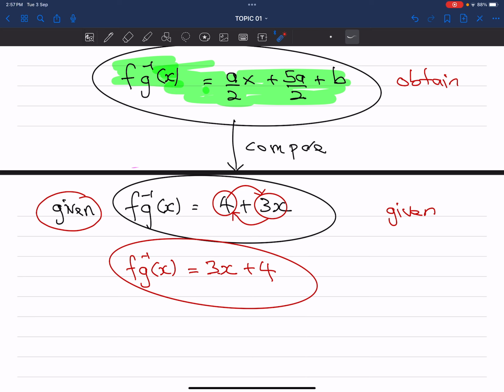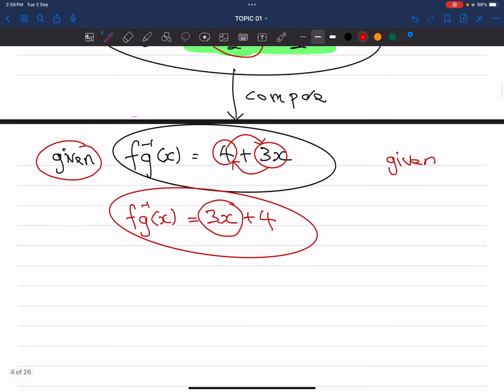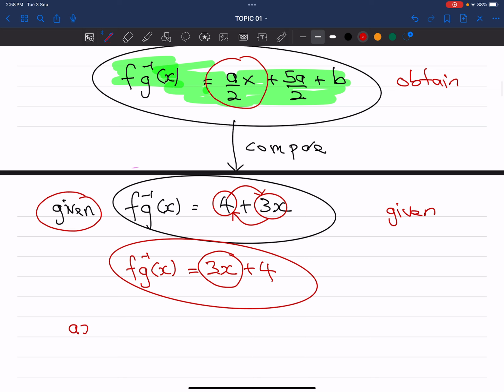You watch. This will be the first term involving x and the first term involving x, which means now we have that ax over 2 equals 3x.